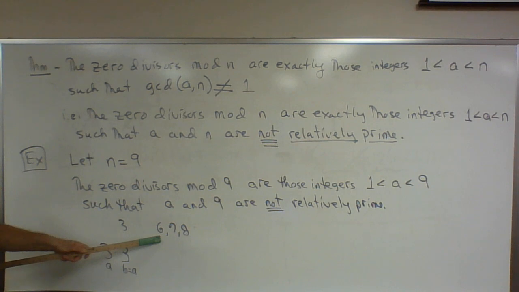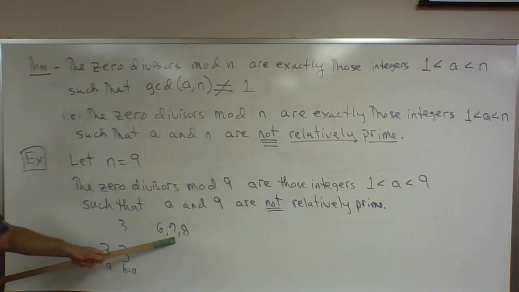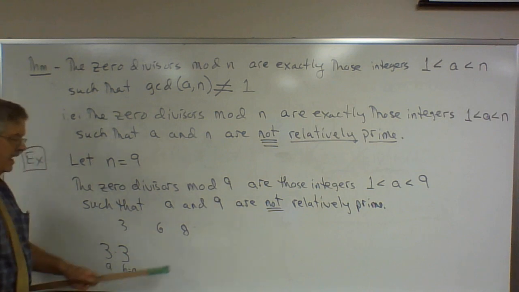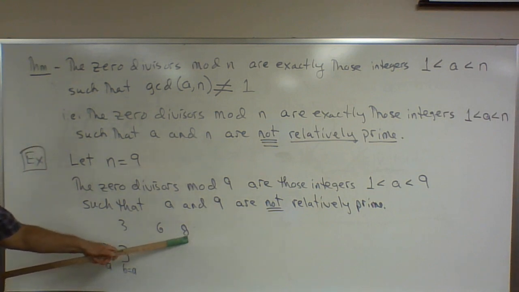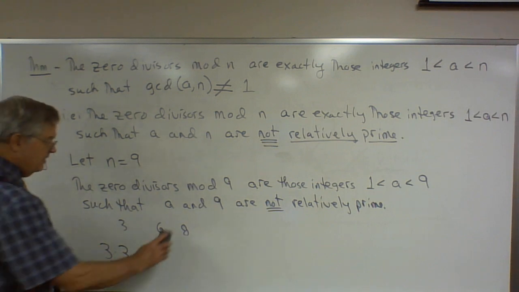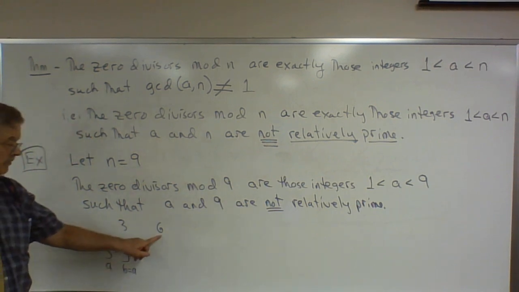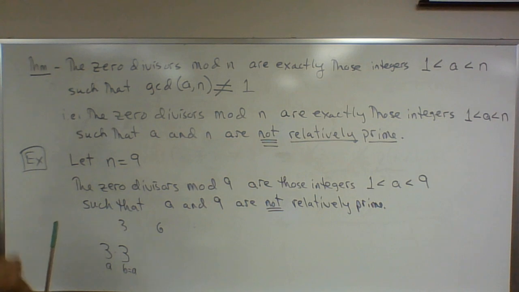They have a factor of 3 in common, so 6 can stay. 7 is relatively prime with respect to 9, as is 8. 6 is also a zero divisor.